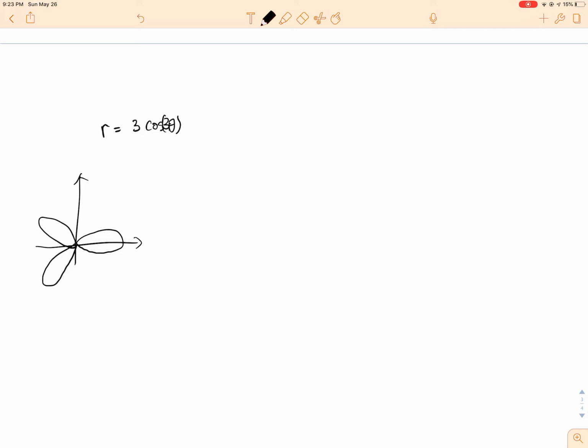So we can get the area of one petal and multiply it by 3, and then we'll get the whole area of this flower. So 1/3 of the area of this flower should be this, right?